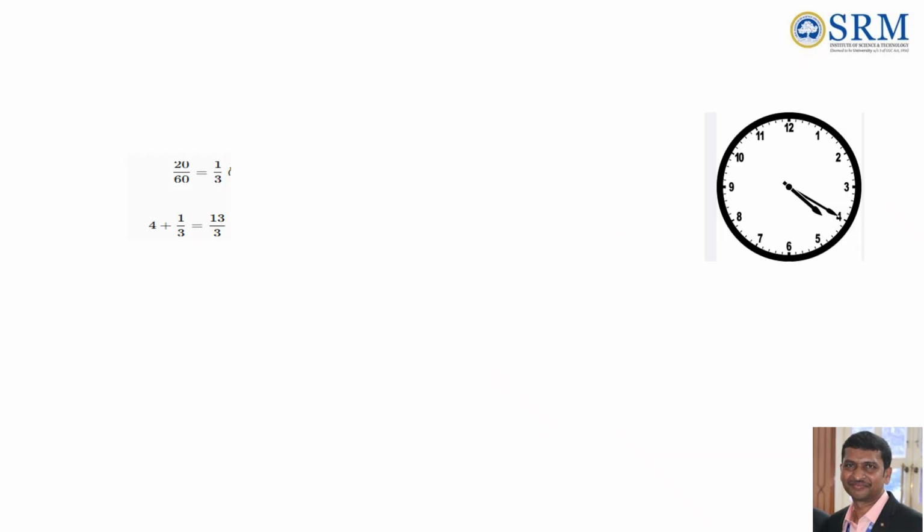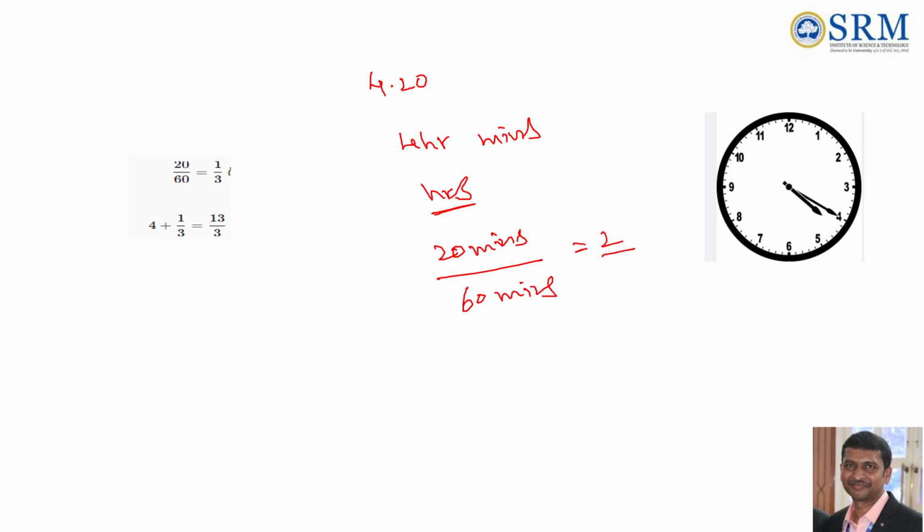First, whatever the time is, we have to convert it into hours. Now here it is given 4:20, that is 4 hours 20 minutes. So 4 hours we know, and the 20 minutes has to be converted into hours. How to convert it into hours? 20 minutes divided by 60 minutes gives 2 by 3.